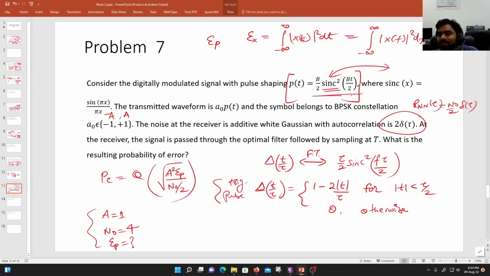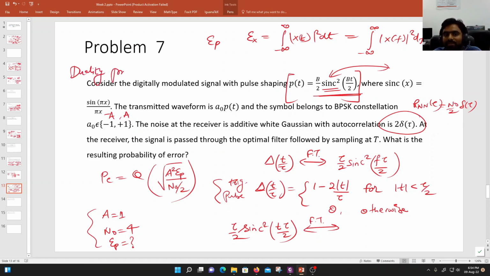So what is the Fourier transform of sinc square, let's say (t tau by 2)? What is the Fourier transform? Duality property. So here we use the properties of the Fourier transform.